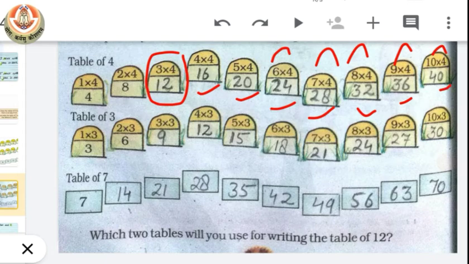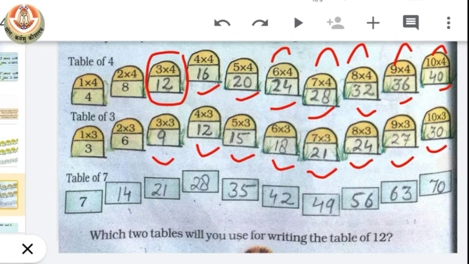Now we have to complete the table of 3 also. 3 into 3 is 9, 3 into 4 is 12, 3 into 5 is 15, 3 into 6 is 18, 3 into 7 is 21. Repeat after me, okay? 3 into 8 is 24, 3 into 9 is 27, 3 into 10 is 30. Okay, so these are the tables for 4 and 3.